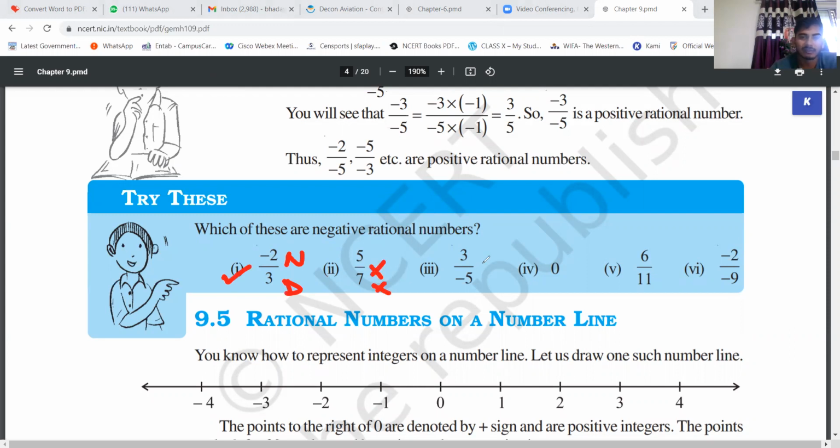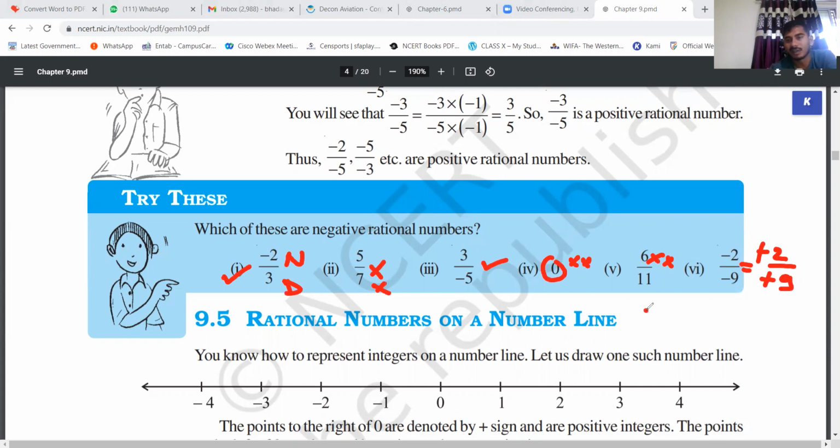Here, imagine it, 3 by -5, yes, it is there. 0 cannot be considered a rational number. It is also not a rational number. Now -2 and -9, most important, -2 and -9. What do you think about it? Are they rational numbers or not? Now see, -2 and -9, in this case, remember minus will be cut down.